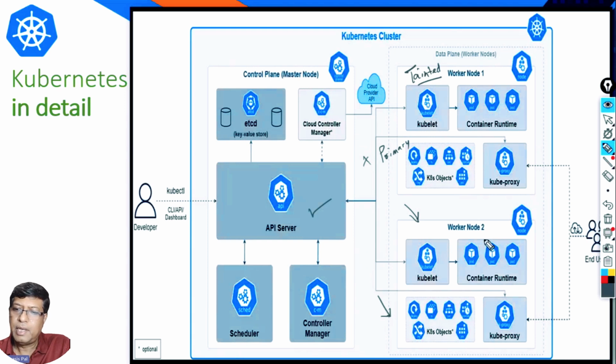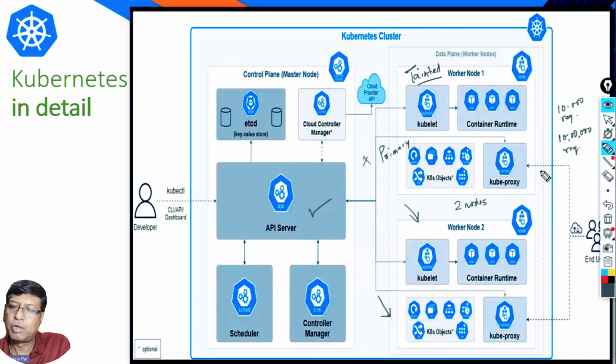And suppose there were two nodes, and tomorrow, maybe 1 year down the line, your 10,000 requests are now 1 million requests.